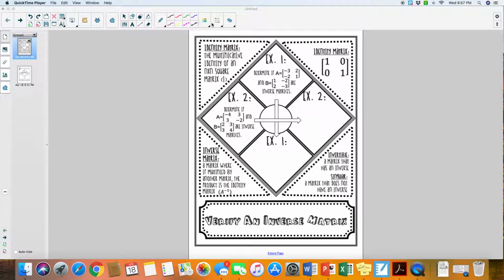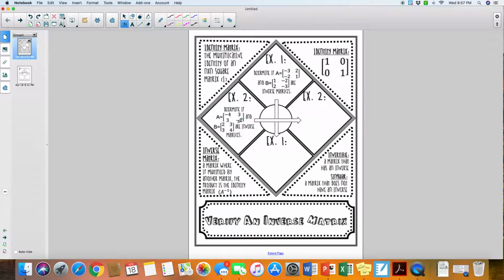So I'm going to have matrix A times matrix B, which would give me -3, 2, -2, 1, times 1, -2, 2, -3.